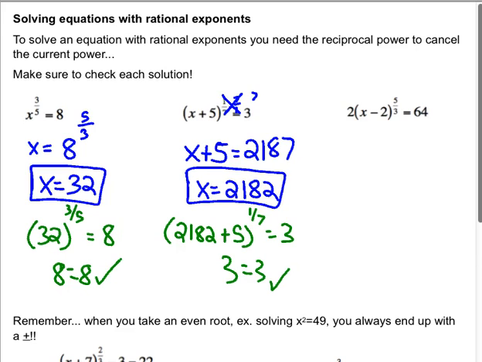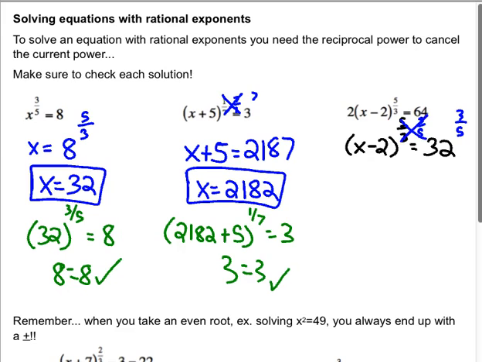For this next one, just like when we were doing radicals, the idea is you need to isolate the expression first. So I'm going to divide by 2 first. So x minus 2 to the 5/3 equals 32. Now I'm going to use the reciprocal power. To get rid of that 5/3, I need 3/5.